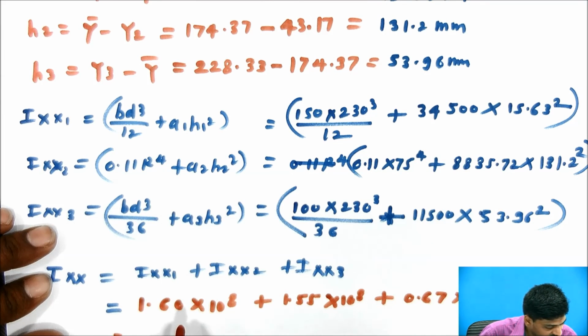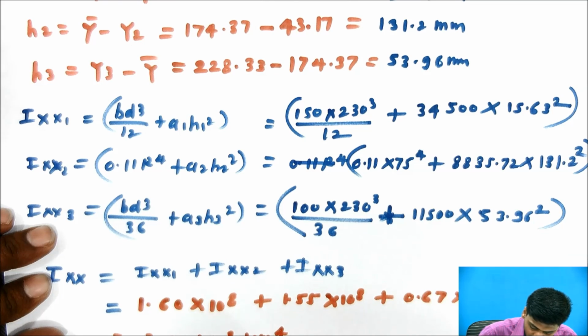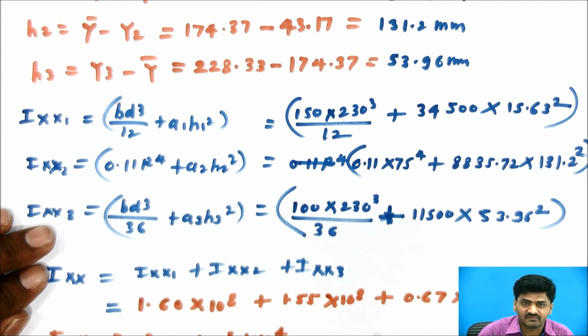So you'll get at last 3.83 into 10 power 8 mm raised to 4. This is the moment of inertia about the x-axis.